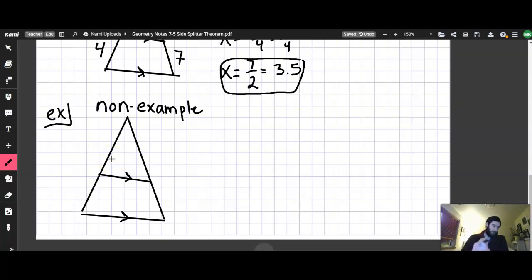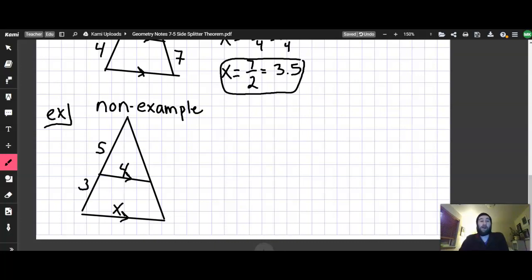But if I gave you a 5 and a 3 on this side, where it actually is being split, but instead of giving you the other split side, so you could actually match them up and solve, I'm going to instead give you the 4 and the x here on bottom with our parallel lines. Ladies and gentlemen, if you have an example like this, you are not using the side splitter theorem.